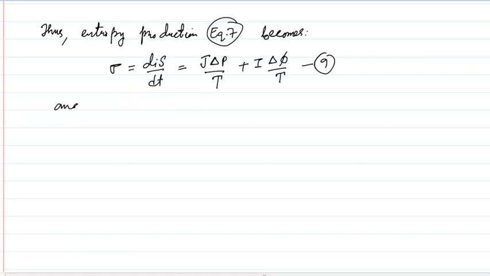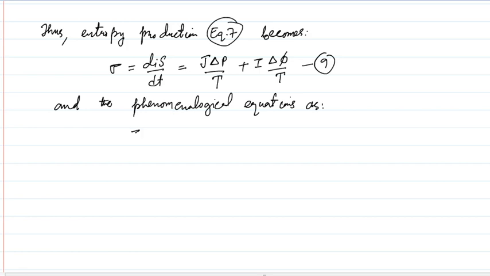And we can simply write the phenomenological equations as follows.